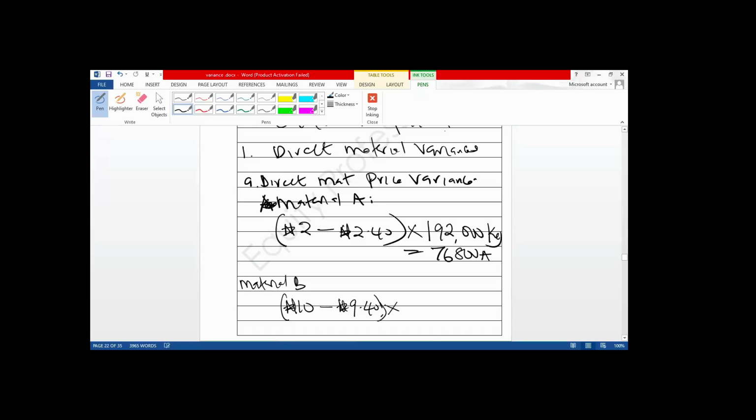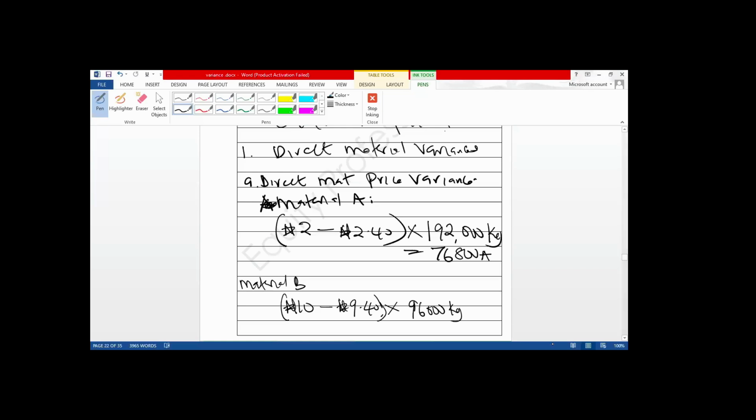Actual quantity purchased for material B, 96,000 kg. 0.6 multiplied by 96,000 kg.